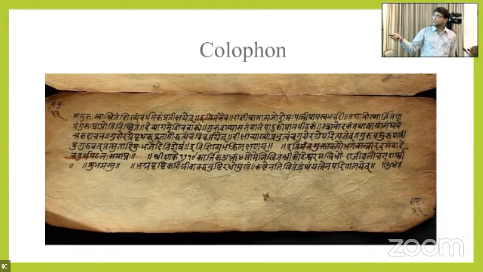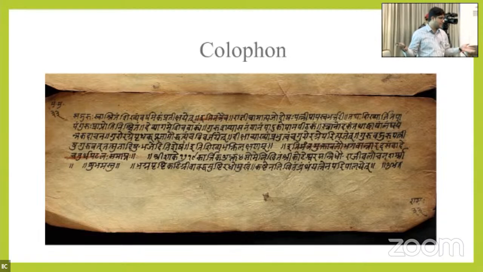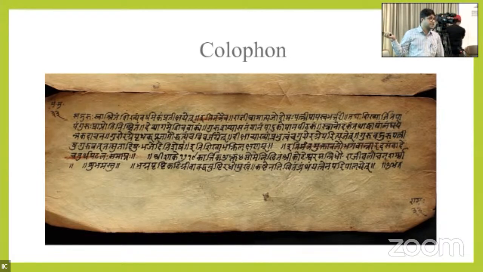Likhitam Shri Koteshwara Sannidhau. Koteshwara is a place, and I just talked with Naresh about which Koteshwara it could be, Gujarat Koteshwar or maybe some other Koteshwar, because this is from the Nepal collection, Aksheshwara Mahabihar. So we need to find out which Koteshwar this is.